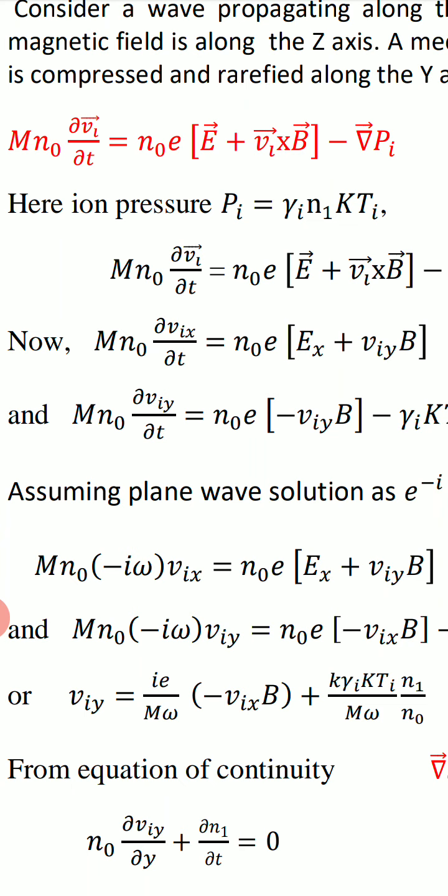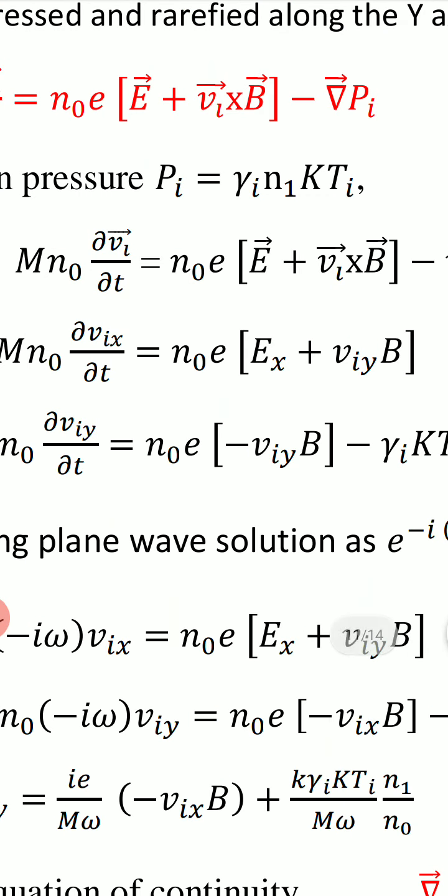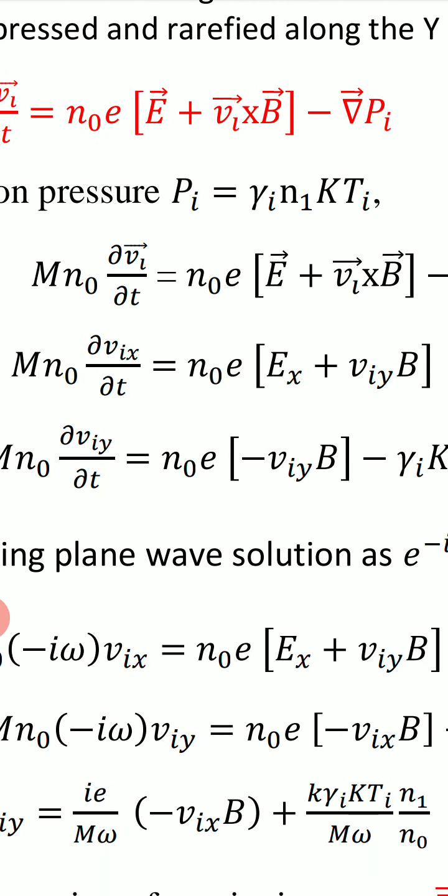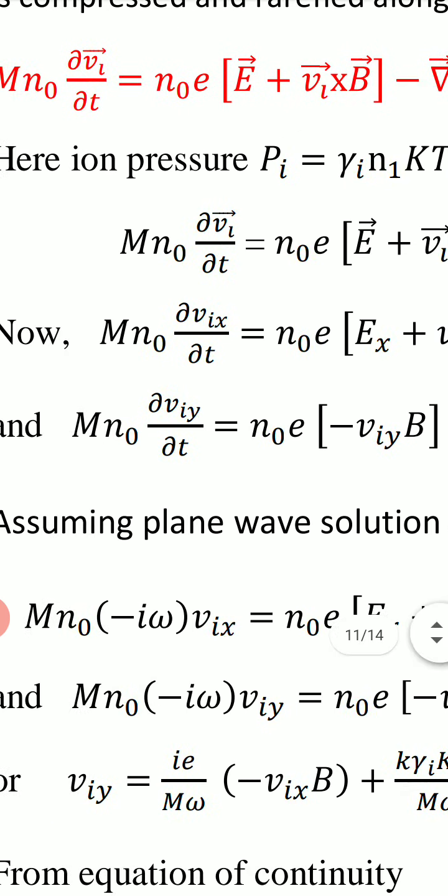And the last term is minus del Pi. Here Pi is ion pressure and it is given by gamma I N1 K Ti. It is ion pressure. So minus del Pi will represent the force per unit volume due to ion pressure.